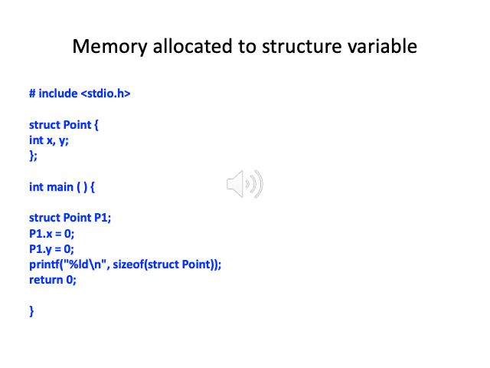Next we assign the values to p1. p1.x is equal to 0 and p1.y is also equal to 0. Next we use the sizeof operator, and the argument that this operator expects is a particular data type, like int or char or float or double. So here the data type is what? The structure name is a data type.